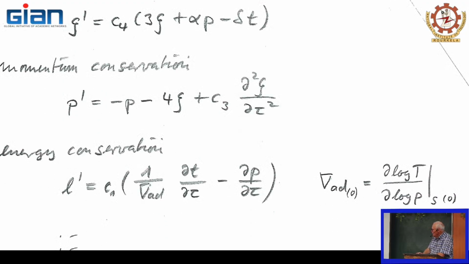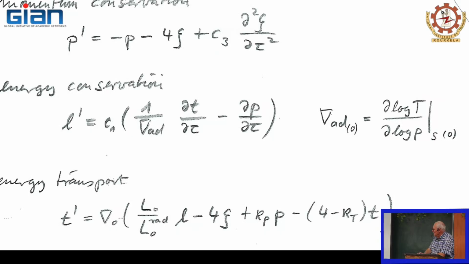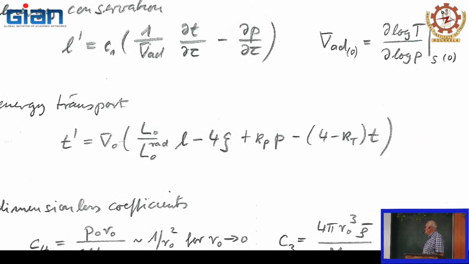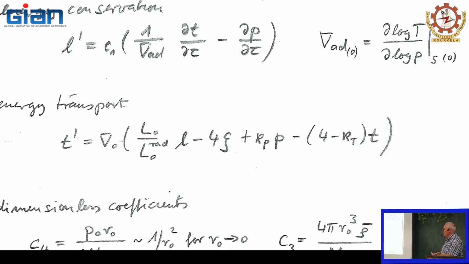Then, most important is the energy transport. The energy transport is given in terms of the derivative of the relative temperature variation. This is given by nabla naught, the stratification, characterizing the d log t by d log p for our actual stratification within the star.